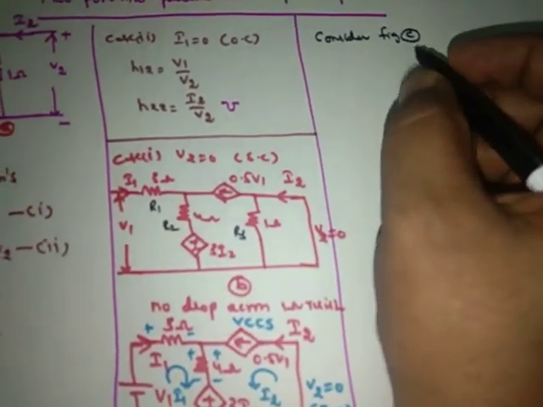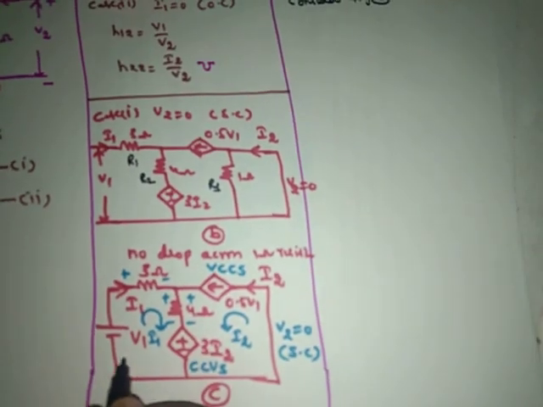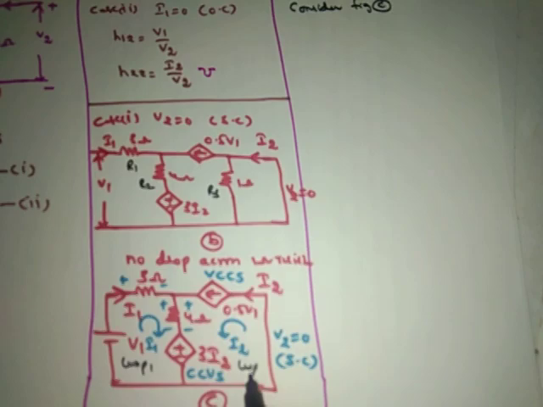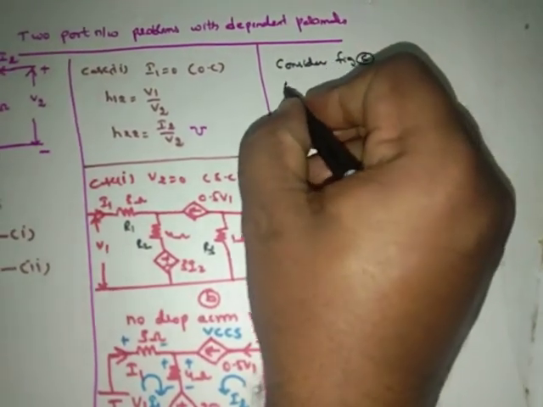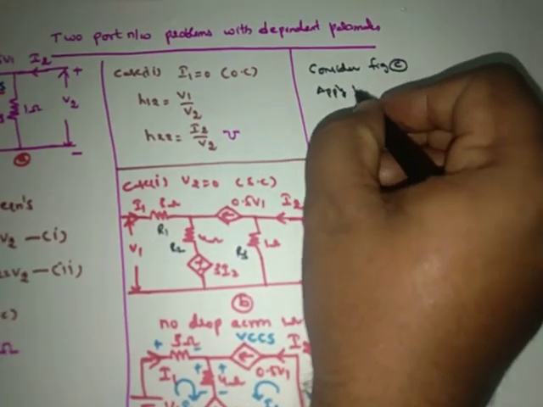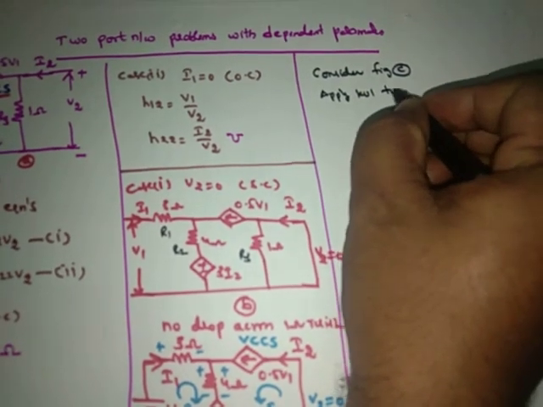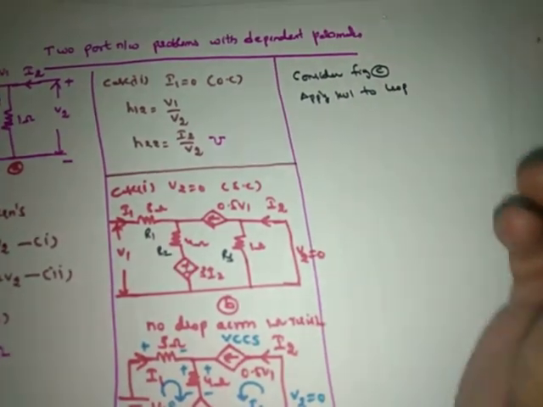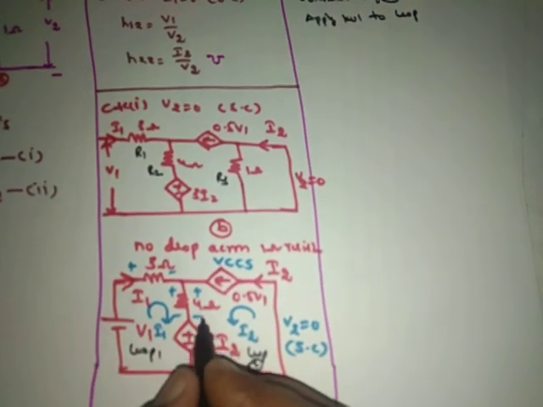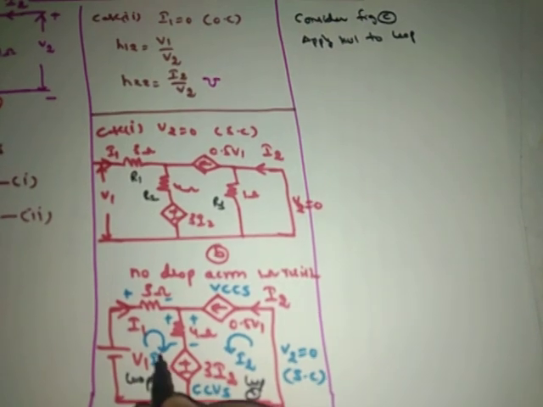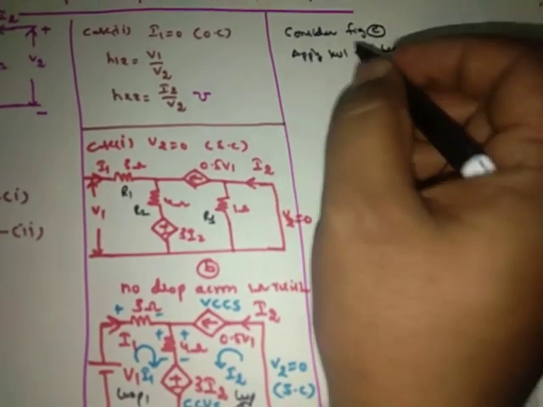Apply KVL to loop 1. The current flowing through the 4 ohm resistor is I1 as well as I2.